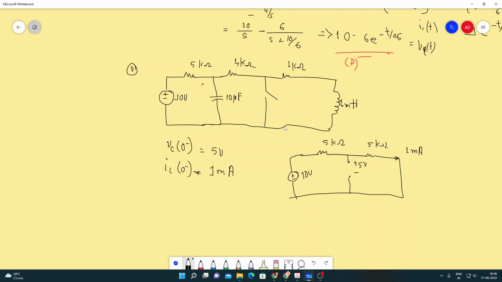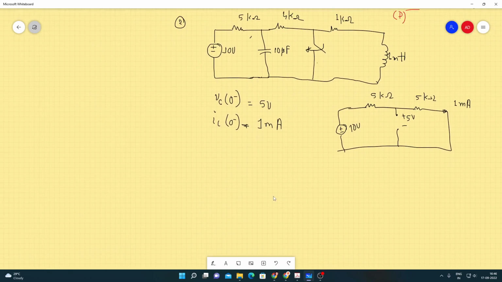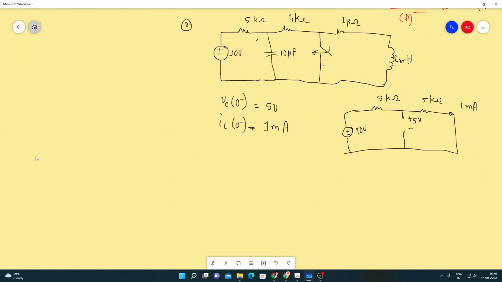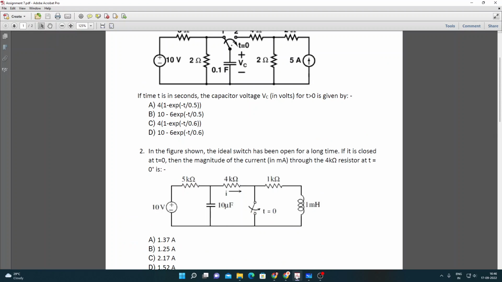Now at t equals 0, the switch is being closed. And at t equals 0 plus, we are expected to find the current through the 4 kilo ohm. Okay.